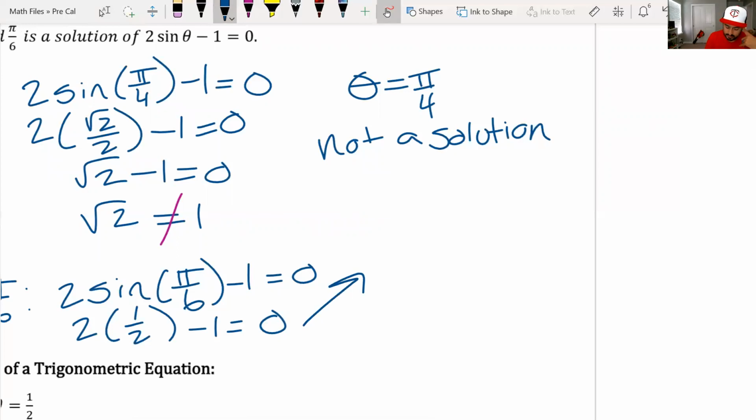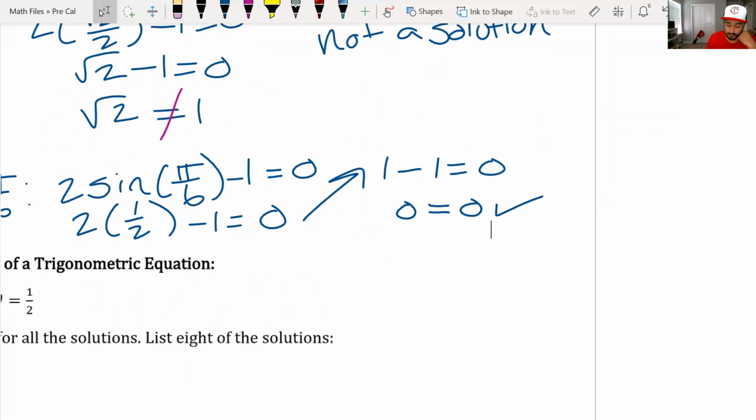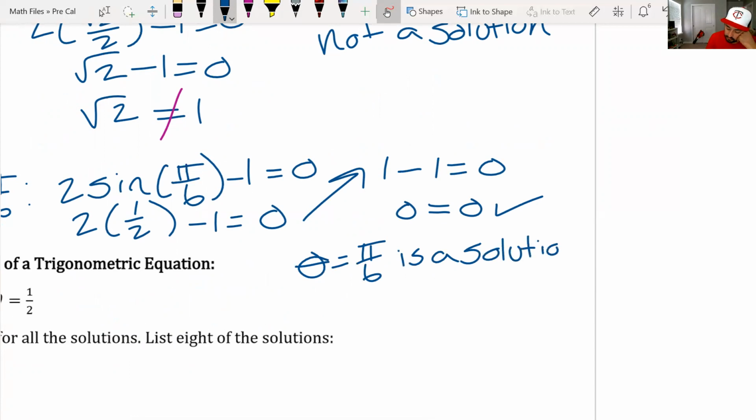You get 2 times 1/2, which gives me 1 minus 1 equal to 0, and 0 equals 0. That checks out. So this means that pi over 4 is a solution. Not pi over 4. Pi over 6 is a solution. Okay, that's it. That's as simple as that. Plug in the radian value and see if the equation holds true.